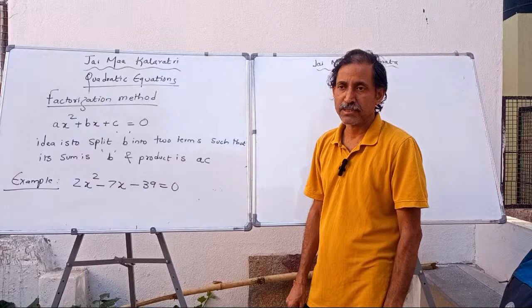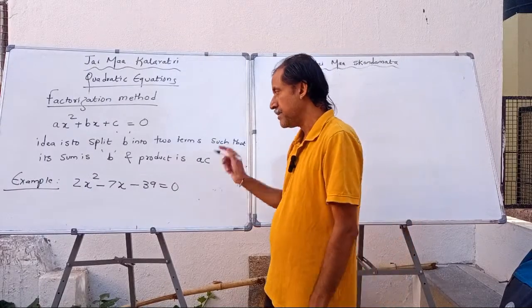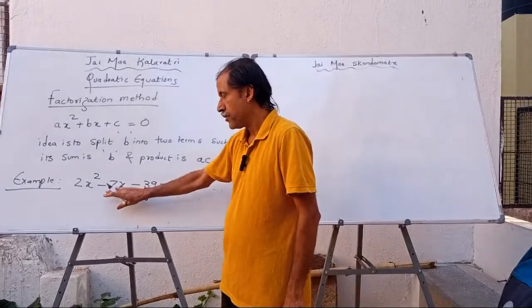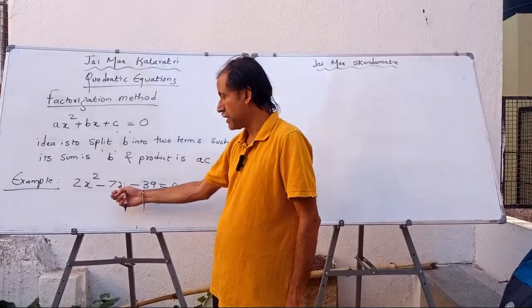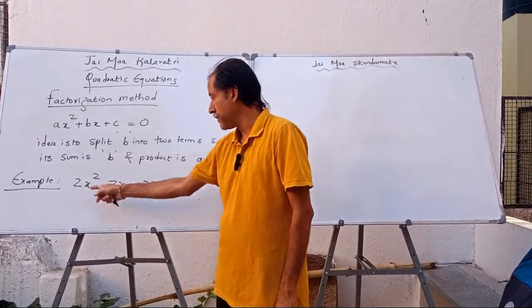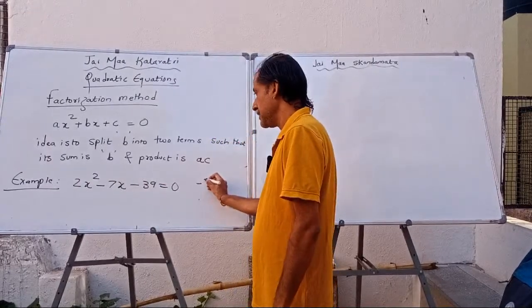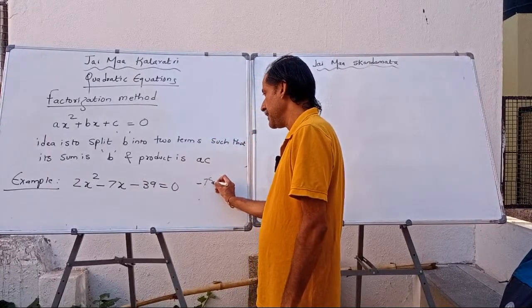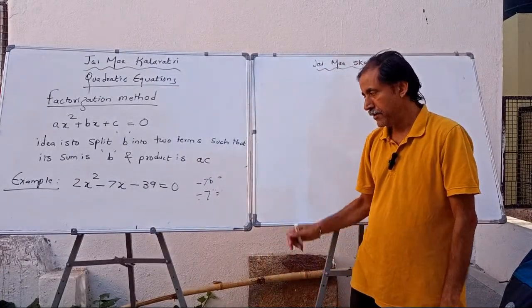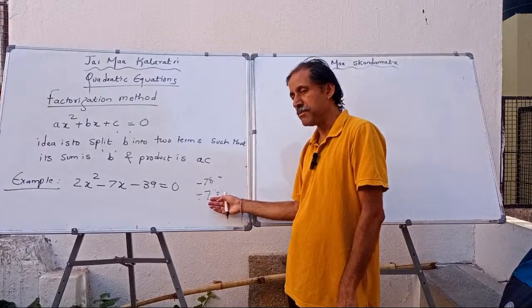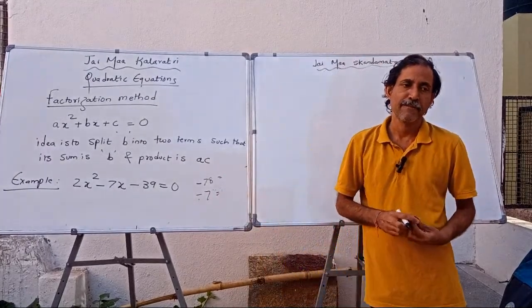Tell me two numbers which when added will give me minus 7 and when multiplied will give me minus 78.